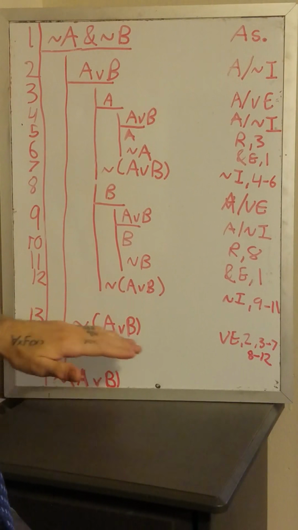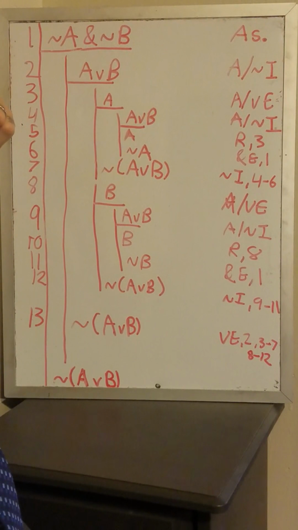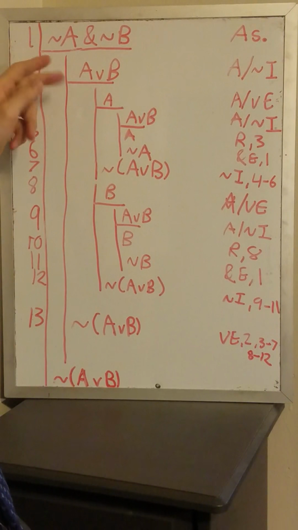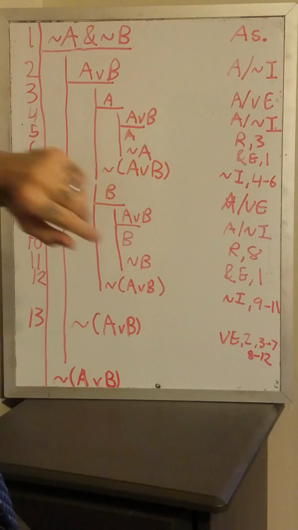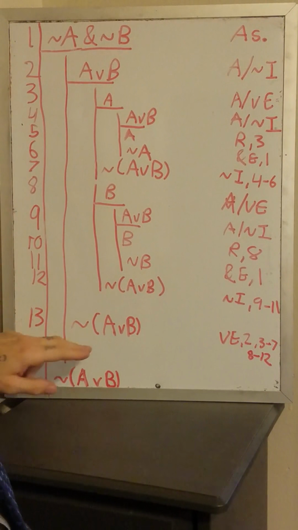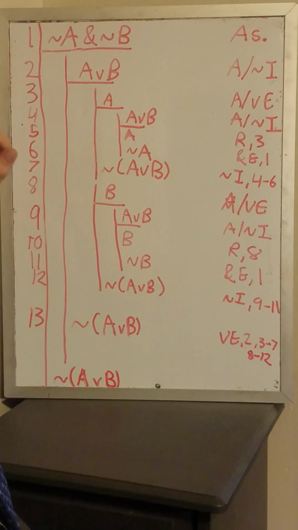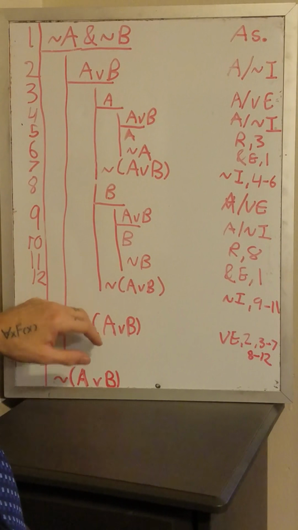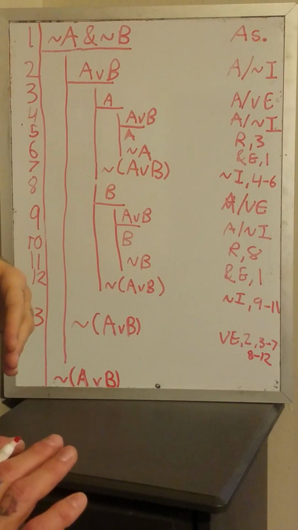Now we've got not A or B, can we stop now? No, because it's still in this subderivation, right? Remember what we're trying to do here is negation introduction. So we have not A or B. We're going to reiterate A or B down to set it next to that and show our contradiction off.